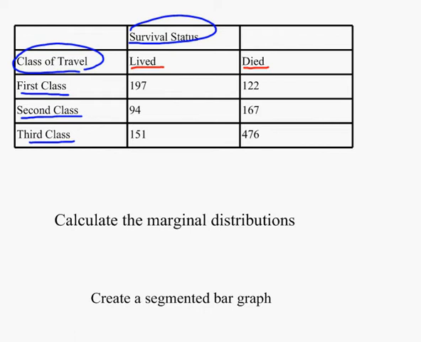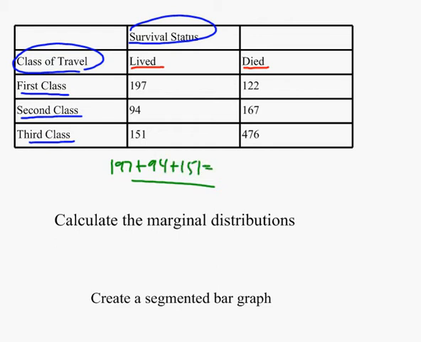So the first thing I'm asking you to do is calculate the marginal distributions. Marginal literally means that in the margins. And you can do that by adding the columns and adding the rows across. So to get the number that goes here, we're going to add 197 plus 94 plus 151.